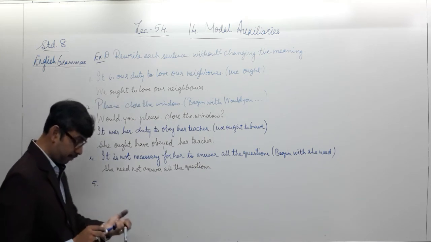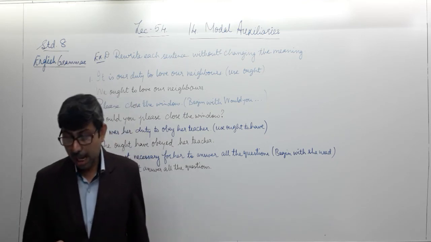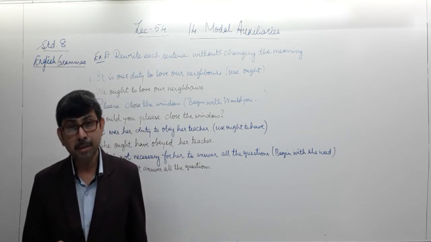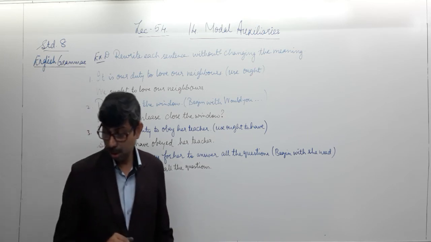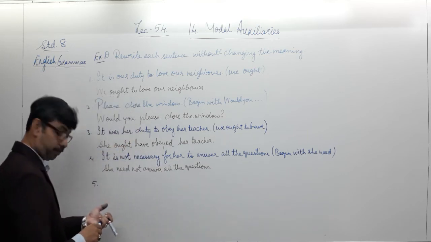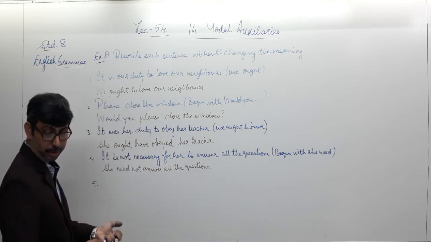Next one, number 5. I wish to know when they are coming. So to express a desire or a wish, and the words given to us, begin with I should. Let's see how to write this. Fifth one, I wish to know when they are coming.